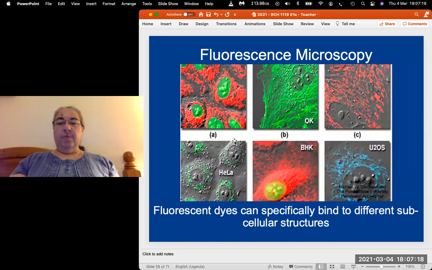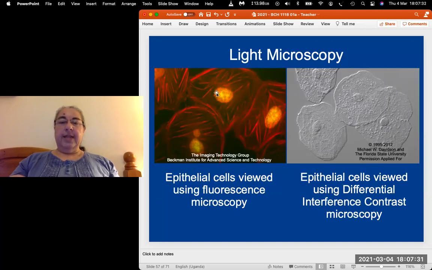Okay, so here is some more fluorescence microscopy, with different dyes showing different colors, different structures within different cells. If we go back to the earlier image, this yellow stain is staining DNA specifically, and the red stain is staining microtubules.